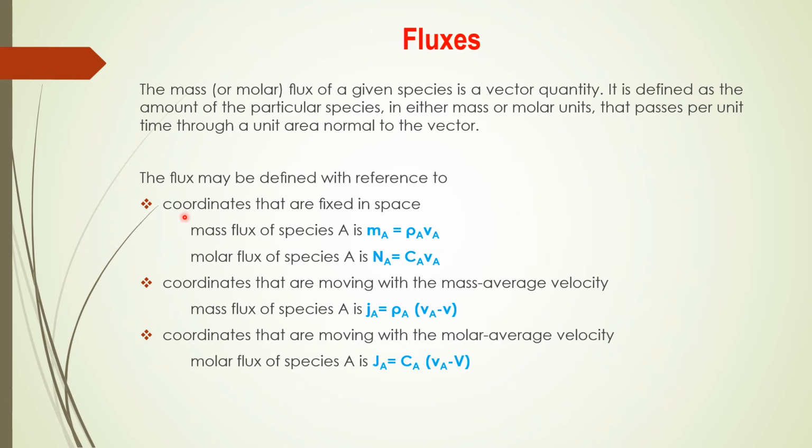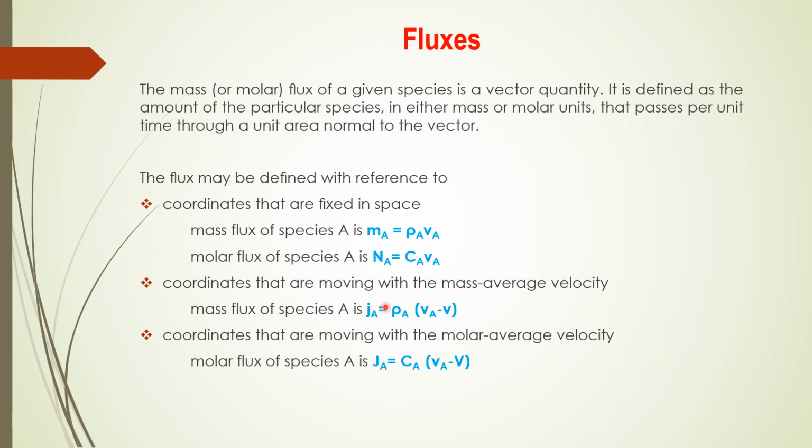One is if the coordinates are fixed in space or not moving, then the mass flux can be written as the mass density into velocity, so rho A into VA. The molar flux is defined as the molar density into velocity, so CA into VA. Next, when the coordinates are moving with the mass average velocity, then the mass flux of species A is JA.